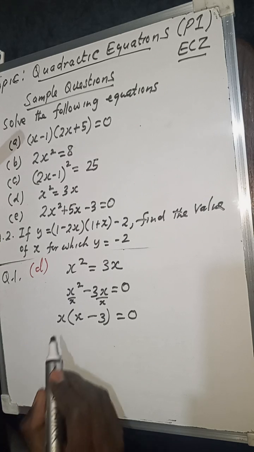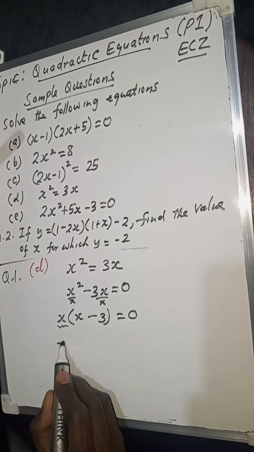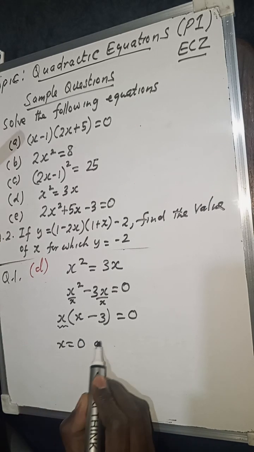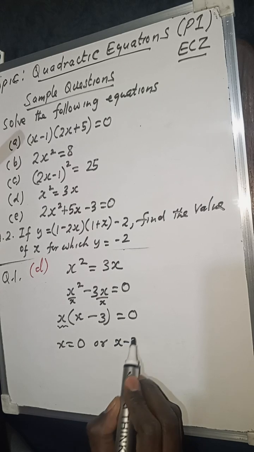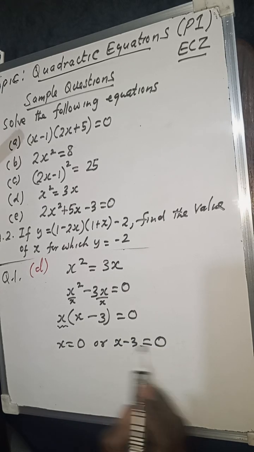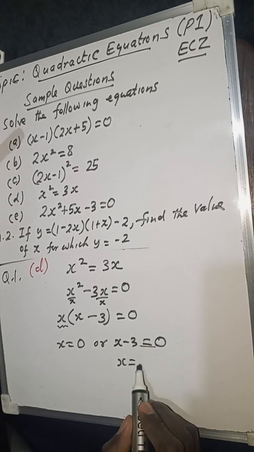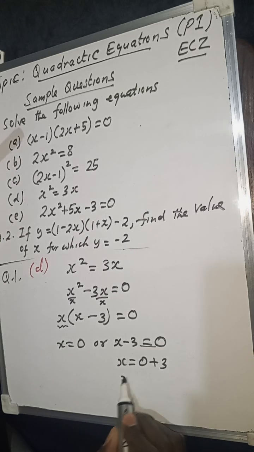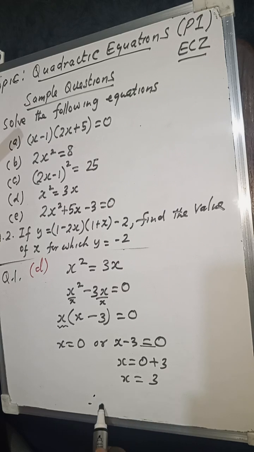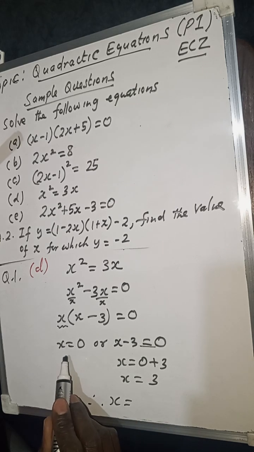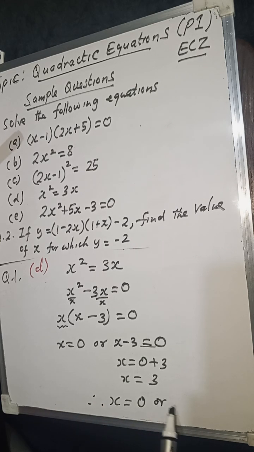Then equate each to 0. So x is equal to 0, or what is in the bracket, x minus 3 is equal to 0. We can solve for x there. So x will be equal to, when it crosses, 0 plus 3. x is equal to 3. So therefore, x could either be 0 or 3. So those are the values that you are supposed to have there. That is what we mean.